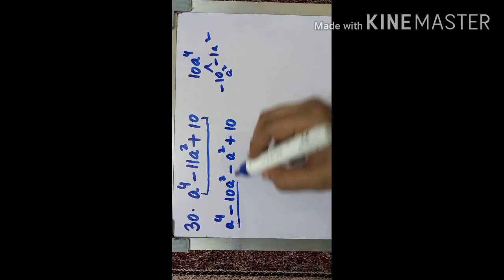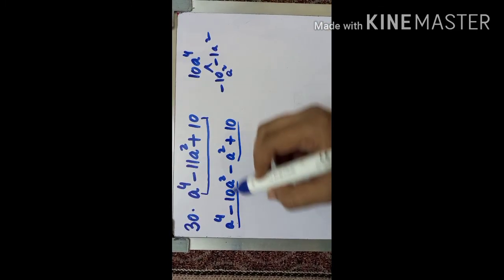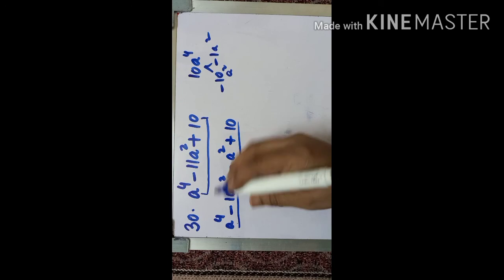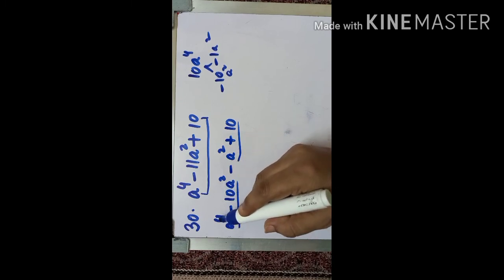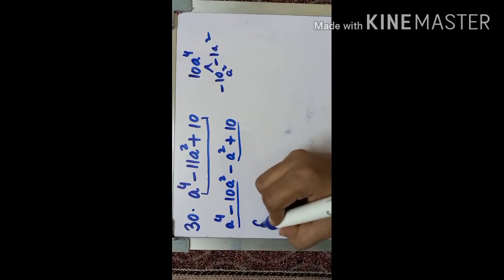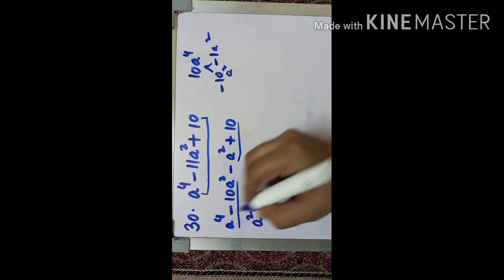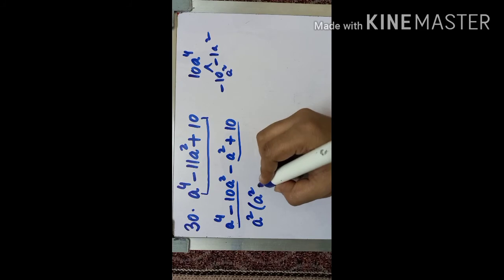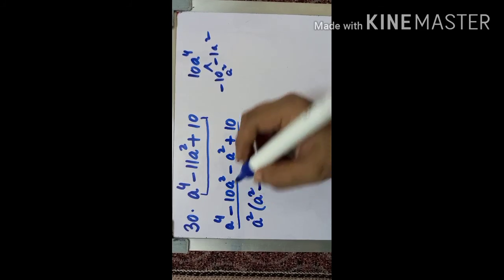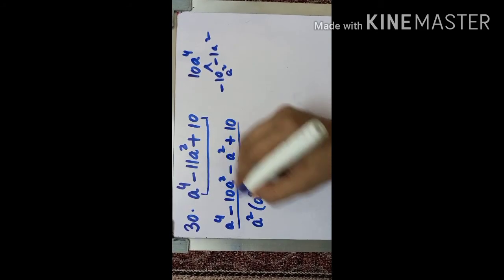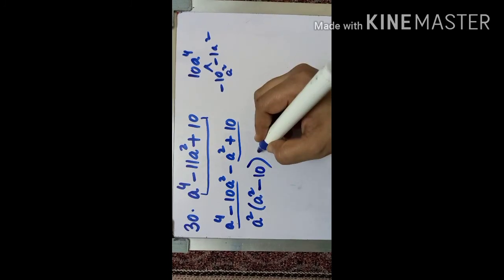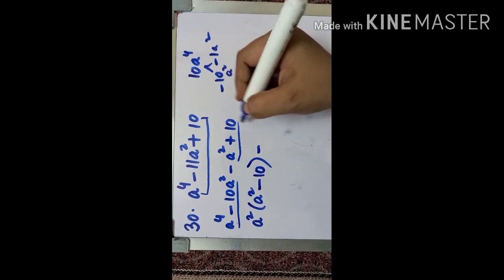Now here and here, two terms you have to take. And something you have to take common. A power 4 is here, a square is there. So a square you can take common. Then a square into a square will be a power 4 minus, here 10 is there, as it is 10, a square already taken outside. Then minus, here a square, here 10, nothing is common.